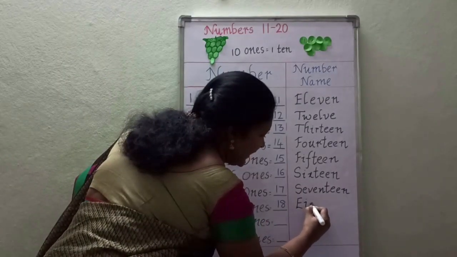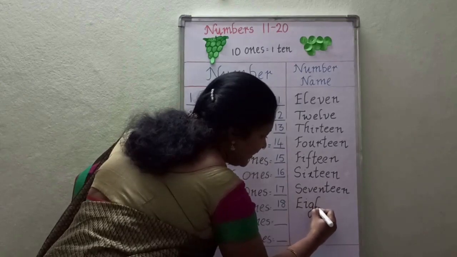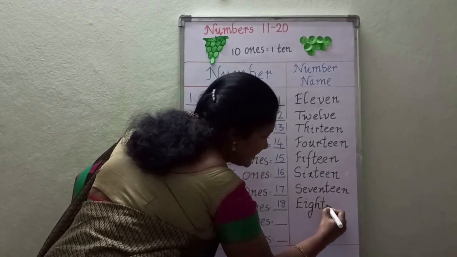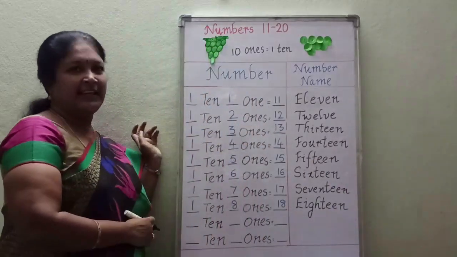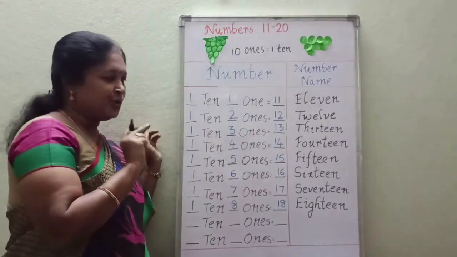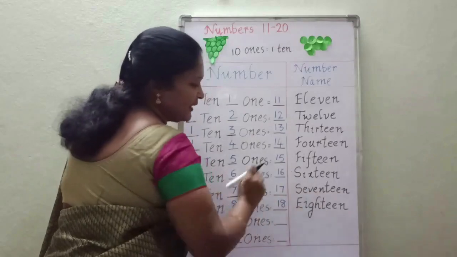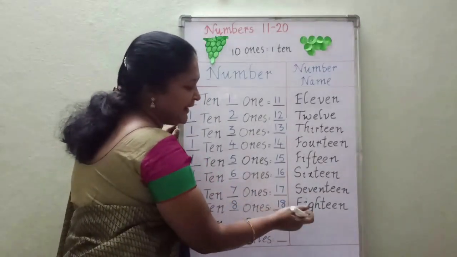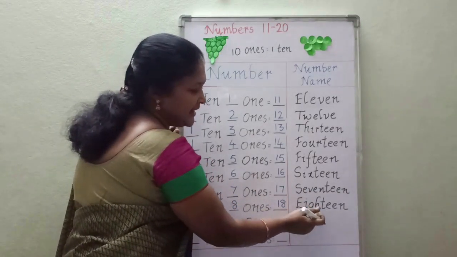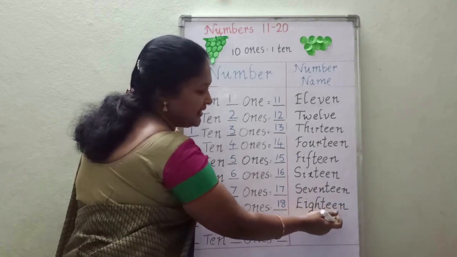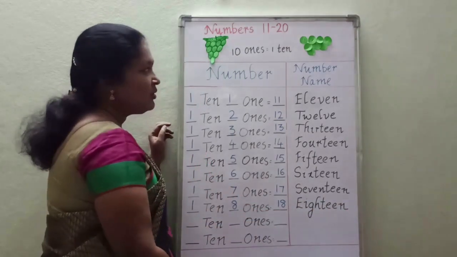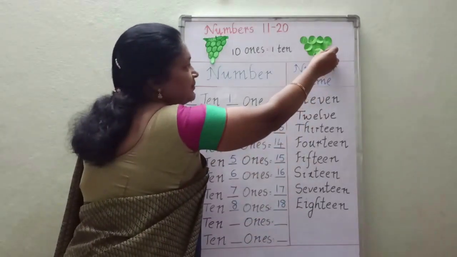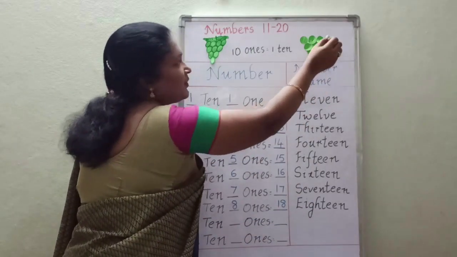First you should write 8 spelling. E-I-G-H-T-E-E-N, 18. So you should not write 2 T's, children. Only 1 T will come. Okay. What is the spelling of 18? E-I-G-H-T-E-E-N, 18.